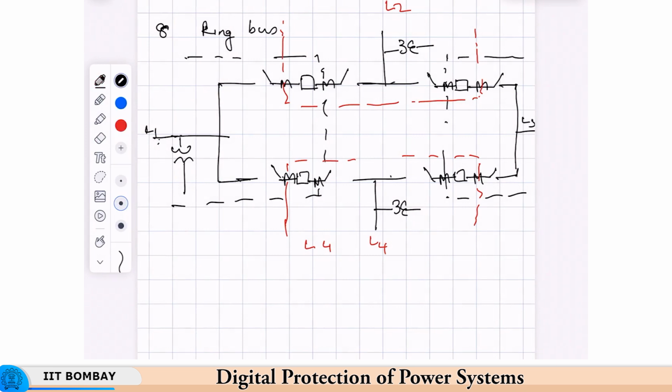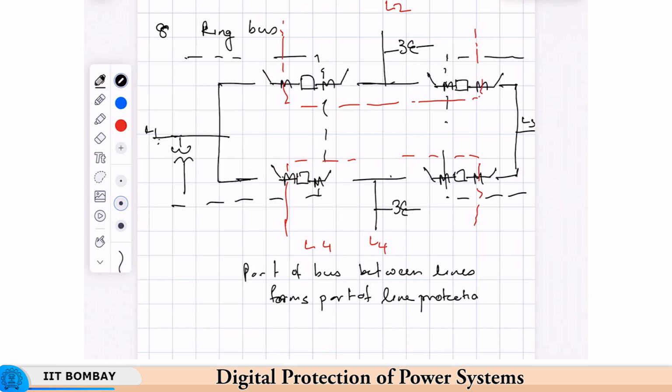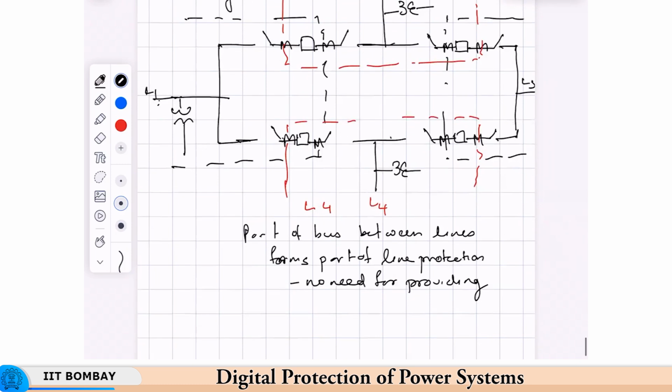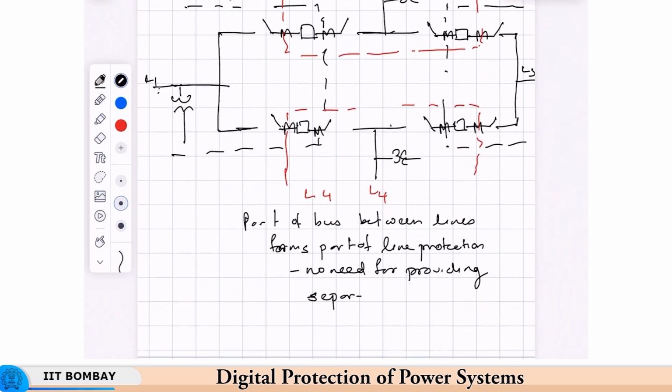So, part of bus between lines forms part of line protection. Okay. So, there is no need for separate bus protection. Okay.